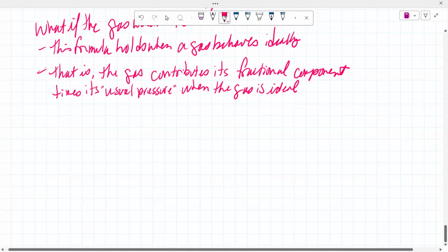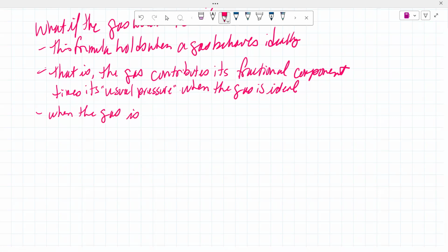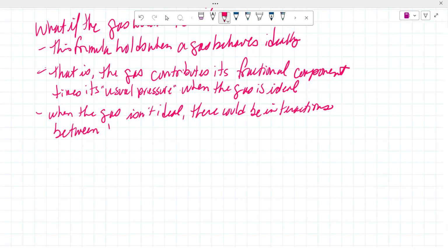When the gas isn't ideal, there could be interactions between the two types of gas, making the contribution something else.